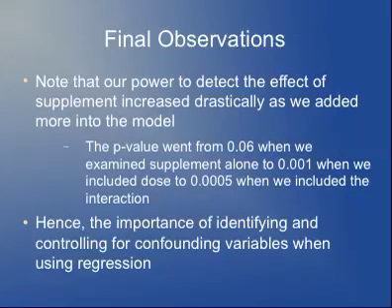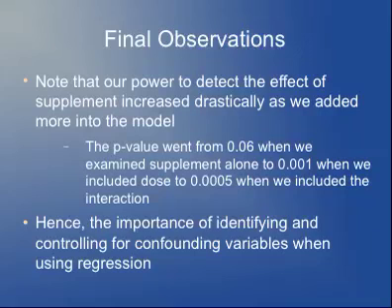Just final notes, I talked about this a bit earlier, but as we improved our model, our power to detect the supplement effect increased quite drastically. When we didn't consider the confounding effect of dose at all, our p-value wasn't even statistically significant.